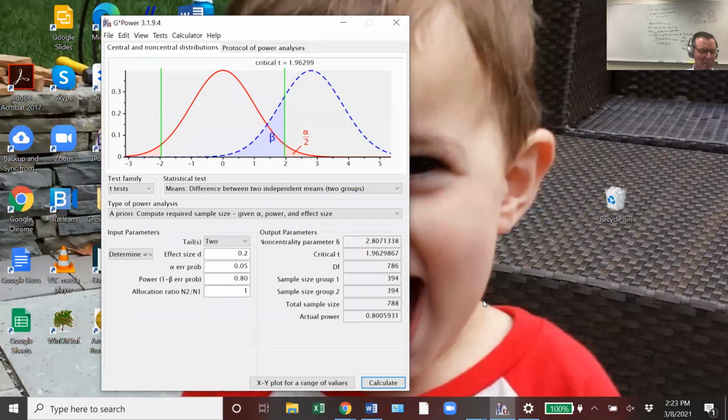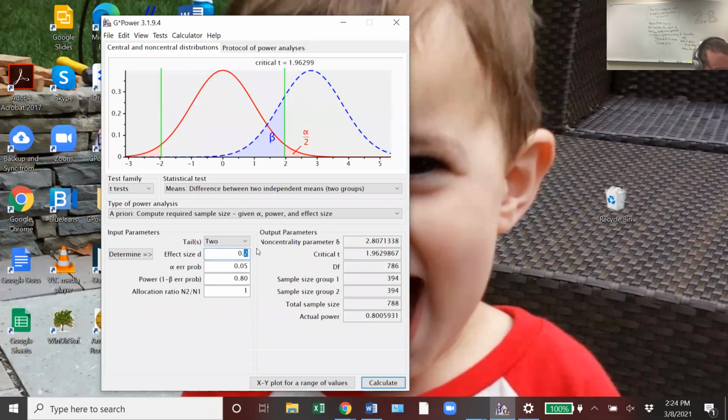Okay, so we were thinking we would have 20% attrition in the sample over the first 3 years. So if we started out with 1,000 and it went down to 800, we would have enough power. We would have a higher sample size than 788 to be able to detect an effect size of 0.2 with a two-tailed 5% test, 80% power.